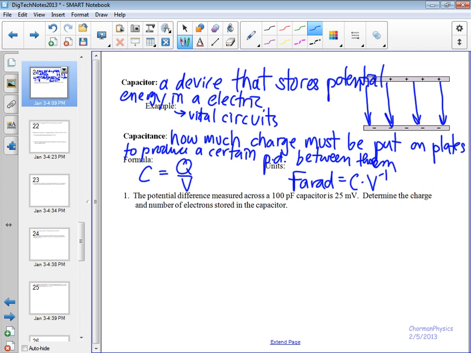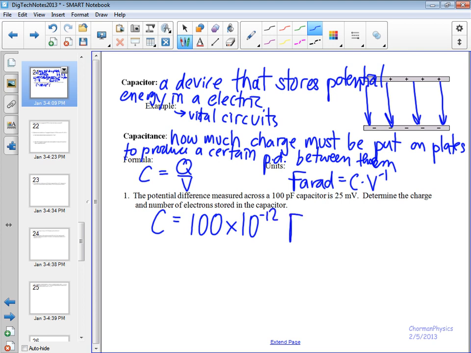So, to do a quick example here, the potential difference measured across a 100 picofarad capacitor is 25 millivolts. We want to determine the charge and number of electrons stored in the capacitor. So capacitance here is this.